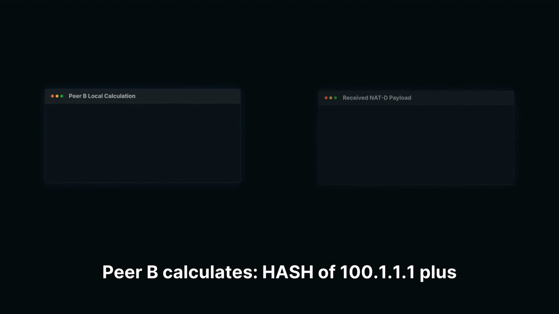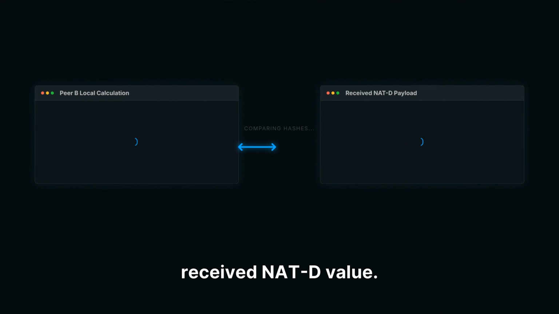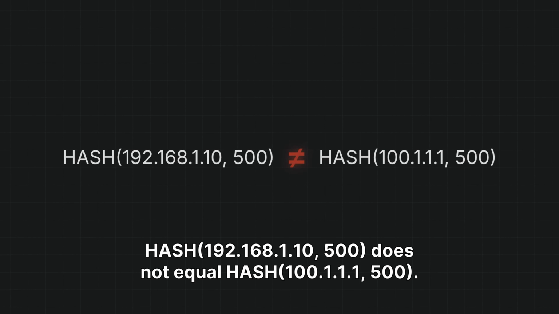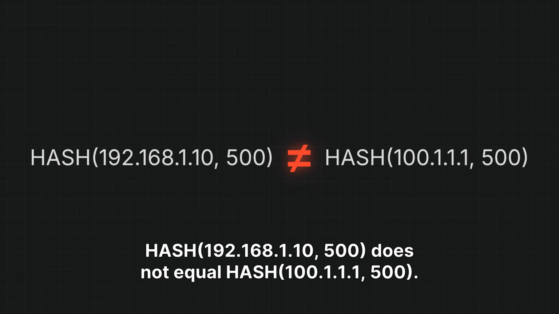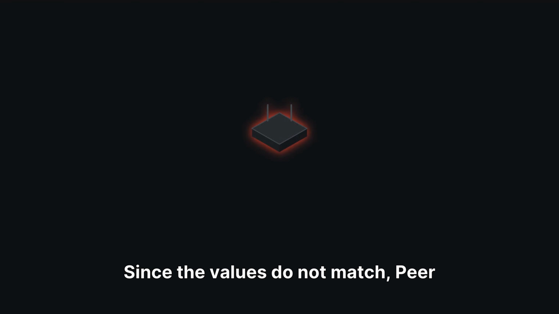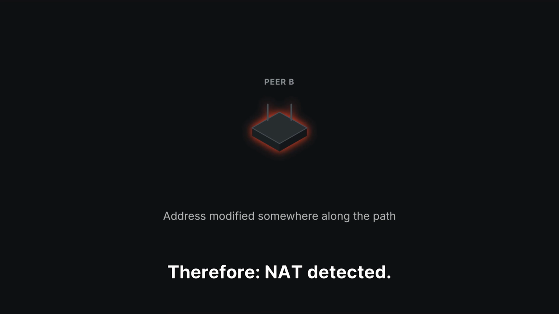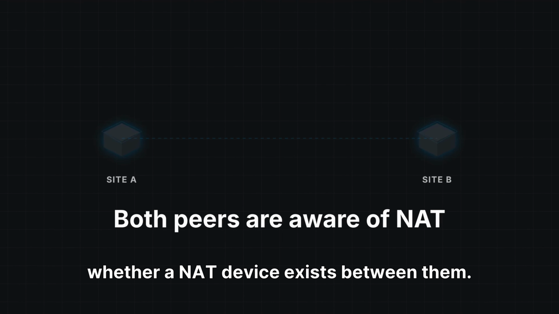Peer B calculates hash of 100.1.1.1 plus port 500 and compares it with the received NAT-D value. The two hashes are different. Hash of 192.168.1.10 and 500 does not equal hash of 100.1.1.1 and 500. Since the values do not match, peer B knows that the address was modified somewhere along the path. Therefore, NAT detected. At this point, both VPN peers know whether a NAT device exists between them.